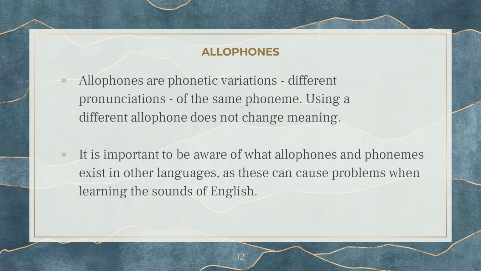Allophones are phonetic variations, different pronunciations of the same phoneme. Using a different allophone does not change meaning. It is important to be aware of what allophones and phonemes exist in other languages, as this can cause problems when learning the sounds of English.